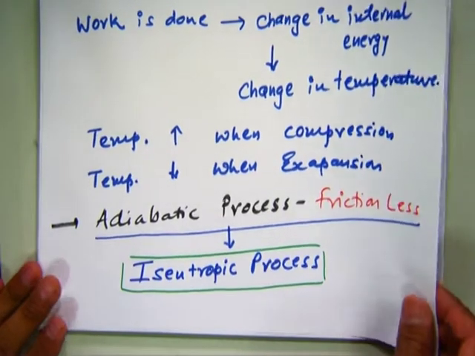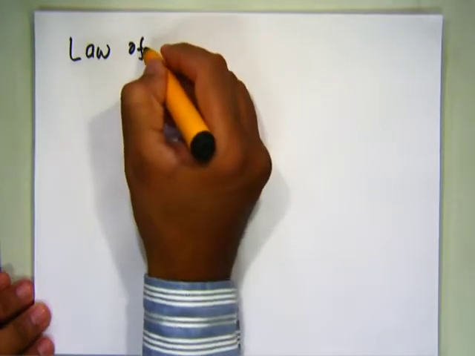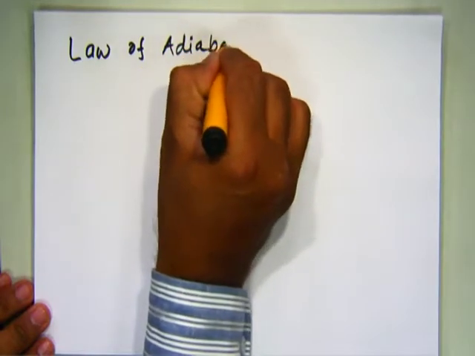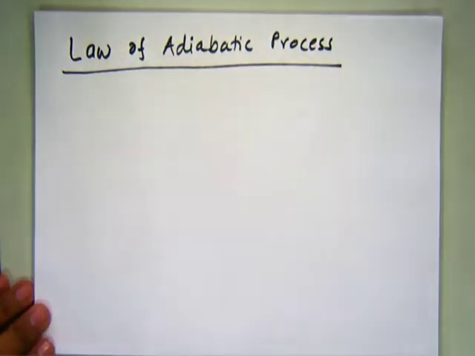Friends, in this adiabatic process, it is very important to derive its equations which establish how the process goes on, and that equation is known as the law of adiabatic process.